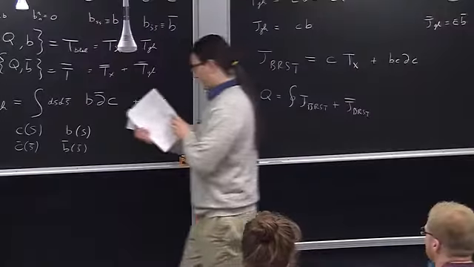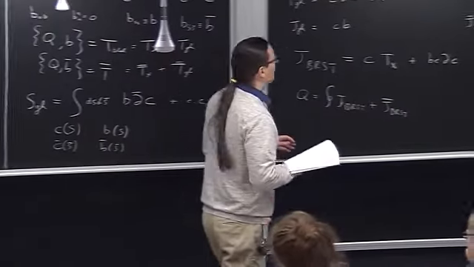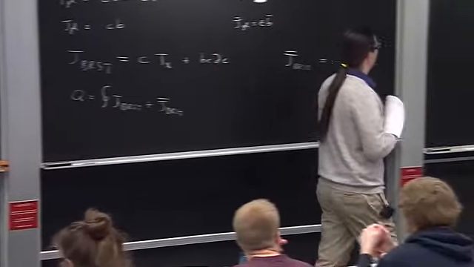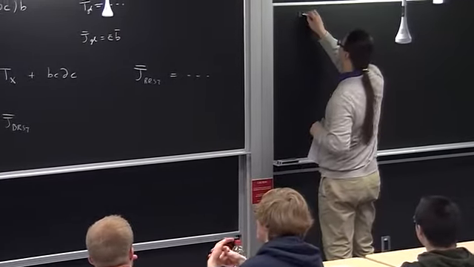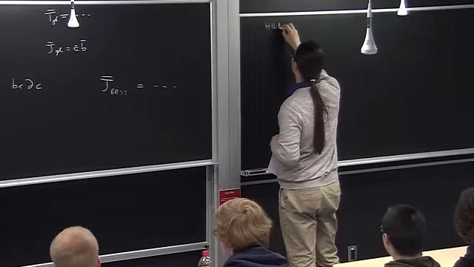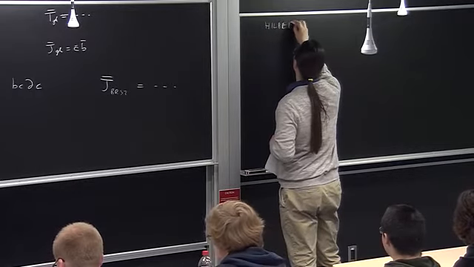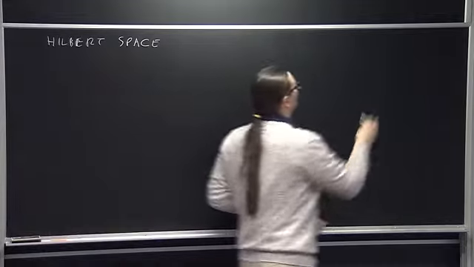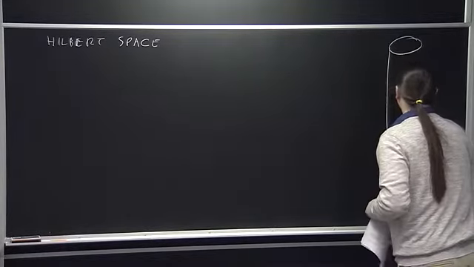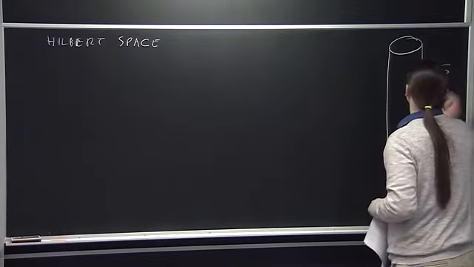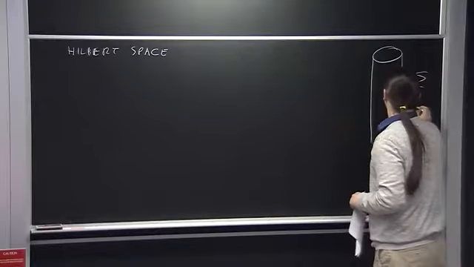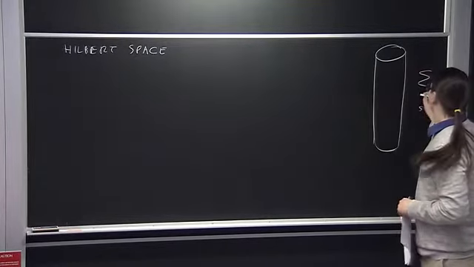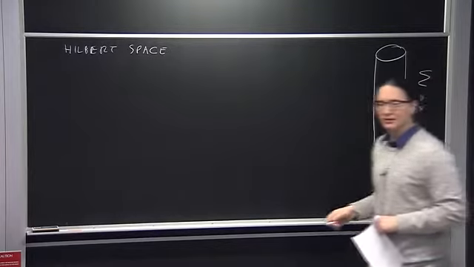Okay, so what is the Hilbert space of the ghosts on the cylinder? Now, take our surface sigma to be the usual cylinder with this complex coordinate S, which is used for discussing the scalar fields.